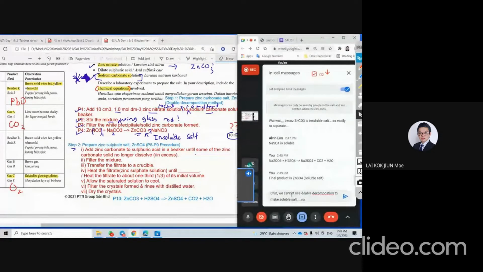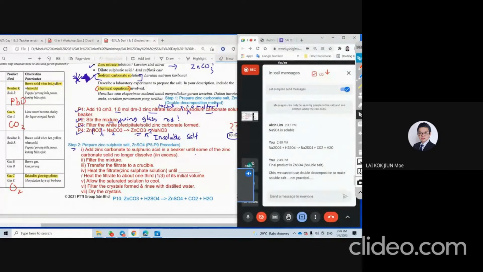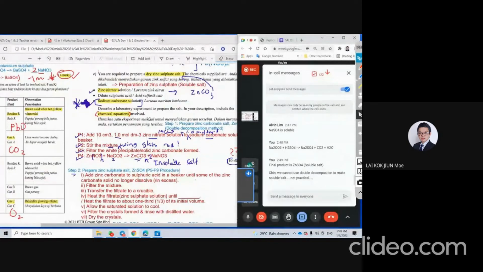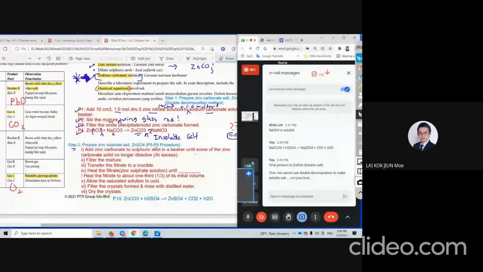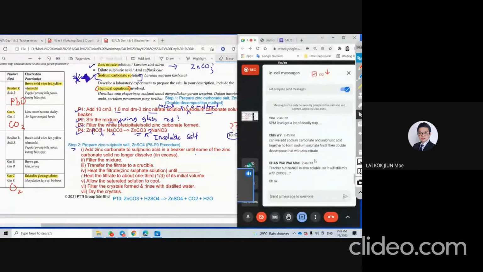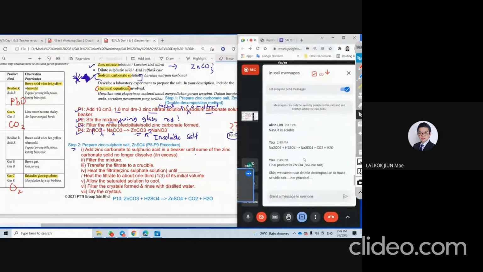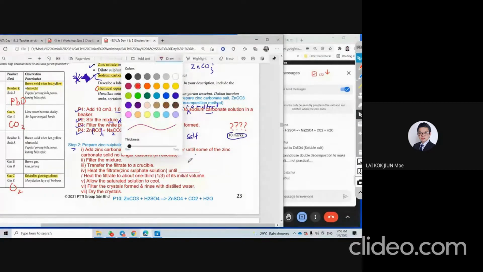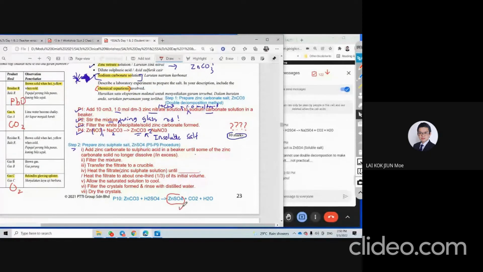Not practical. And all the other methods are already banned. We can only accept it like this: the first step you must follow with the zinc nitrate and the sodium carbonate, and then you react the zinc carbonate with the acid. Double decomposition we cannot use, because the final product is not an insoluble salt. This is a soluble salt.